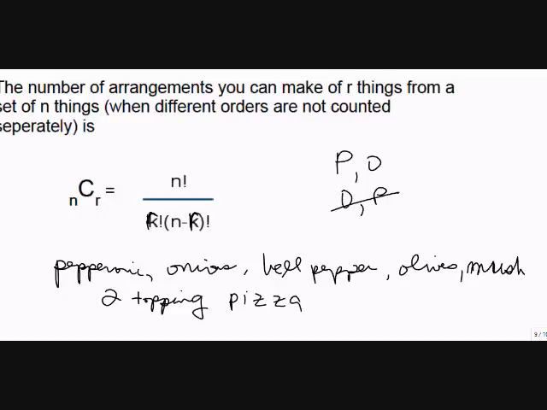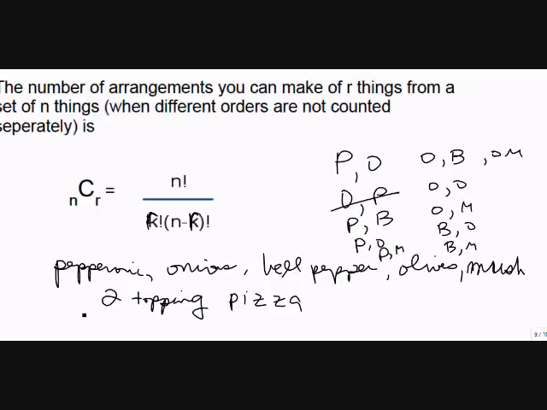So we'd have pepperoni and onions, pepperoni and bell pepper, pepperoni and olives, pepperoni and mushrooms, onions and bell pepper, onions and olives, onions and mushrooms, bell pepper and olives, bell pepper and mushrooms, olives and mushrooms. So that's 1, 2, 3, 4, 5, 6, 7, 8, 9, 10.